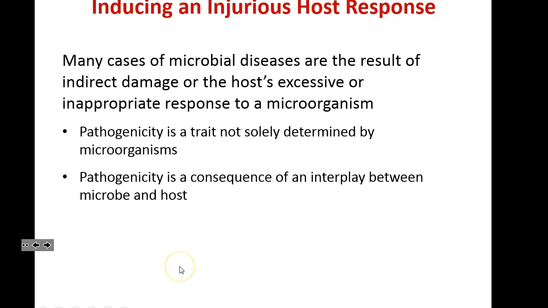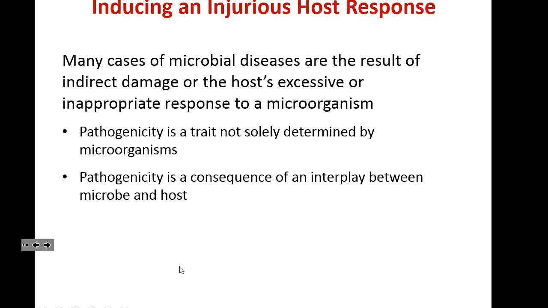So how is an injurious host response induced? Many cases of microbial diseases are the result of indirect damage or the host's excessive or inappropriate response to a microorganism. Pathogenicity is a trait not solely determined by the microorganism. It's a consequence of an interplay between the microbe and the host.